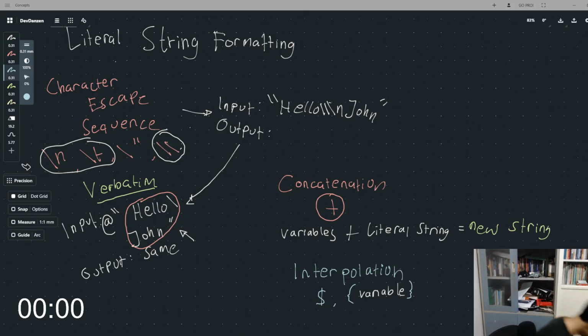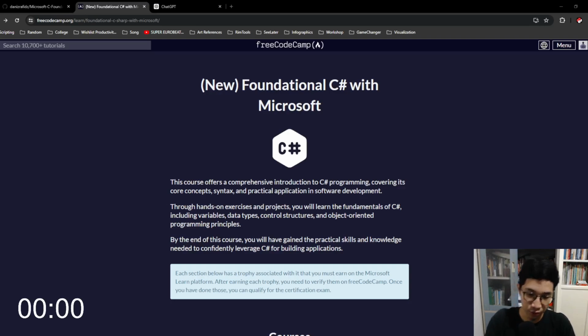Okay, that's yesterday's learning. For now, we can continue to our day 4 of my 100 days of code challenge from freeCodeCamp, which the module or the lesson is foundational C# with Microsoft.